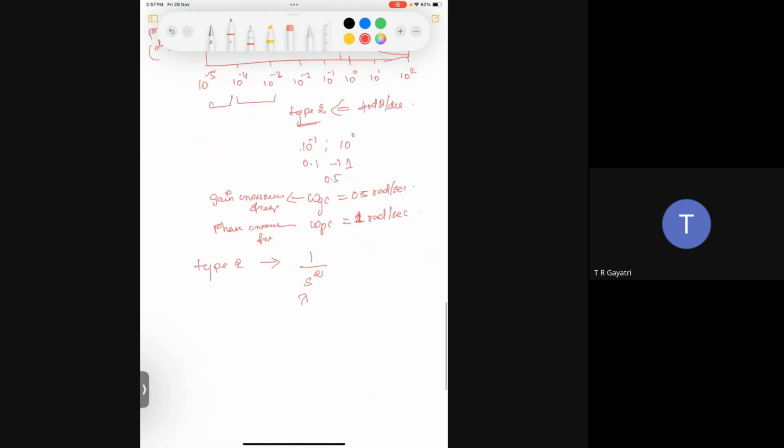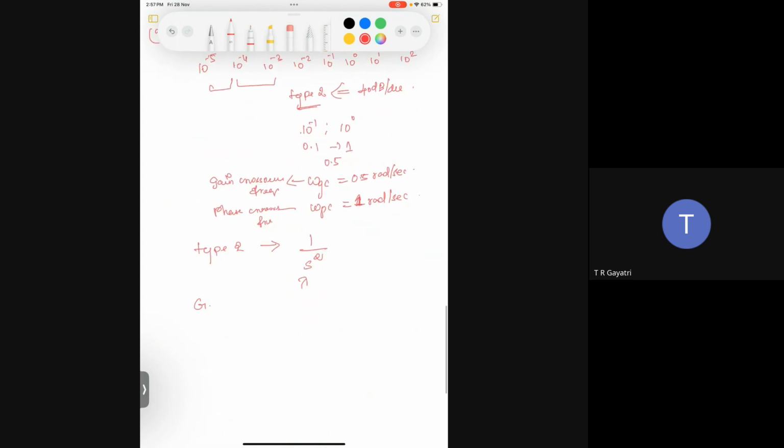Another way to find this is, first you have to see whether the gain margin is positive or negative. If the gain margin is positive, then at the gain crossover frequency, check whether the phase is greater than or lesser than minus 180 degree.